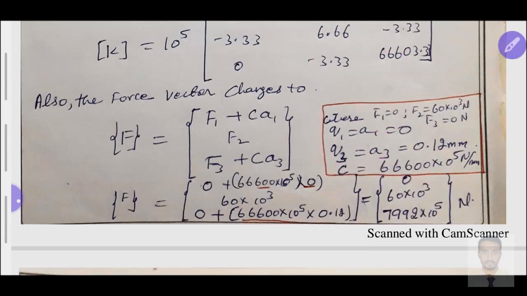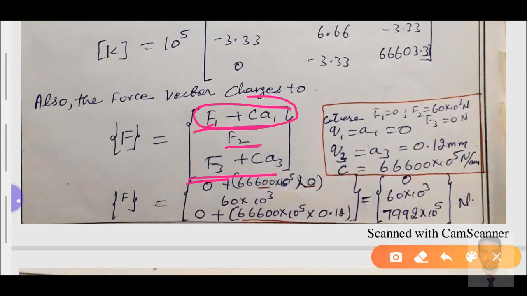So we have three forces, F1, F2 and F3. That means we need to add the penalty value to the first force and the last force, F3. We will get a global force vector based on the penalty boundary conditions.